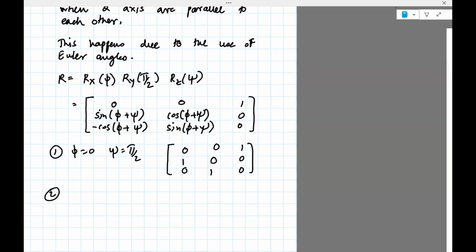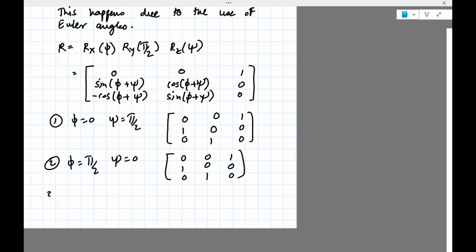I just reversed the angles. If you reverse the angles, you still have phi plus psi, so you'll still get the same thing, right? Because I'm just ensuring that phi plus psi is the same. So you have 0, 1, 0, 0, 0, 1, 1, 0, 0.